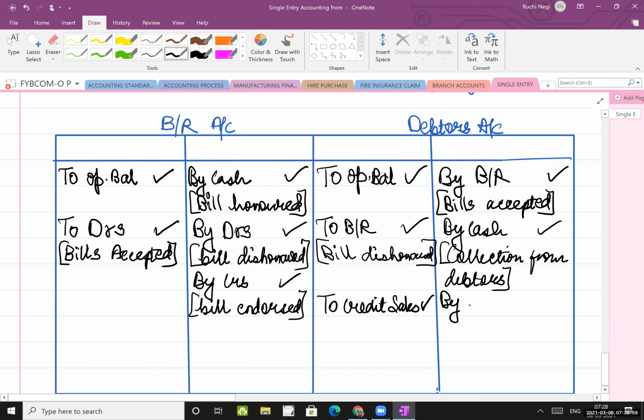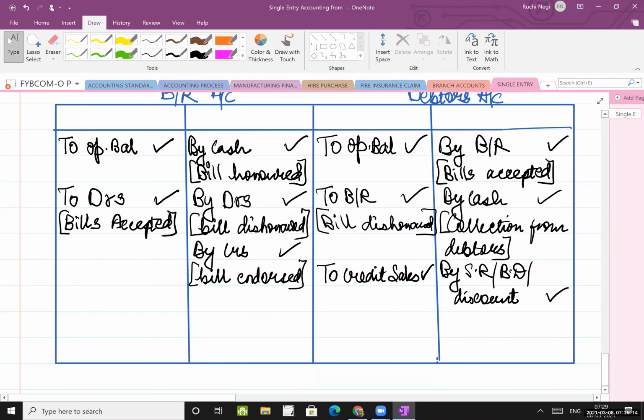By sales return or bad debts or the discount entry, all that. Discount allowed to customers and all that. That's it. Now you close this ledger.